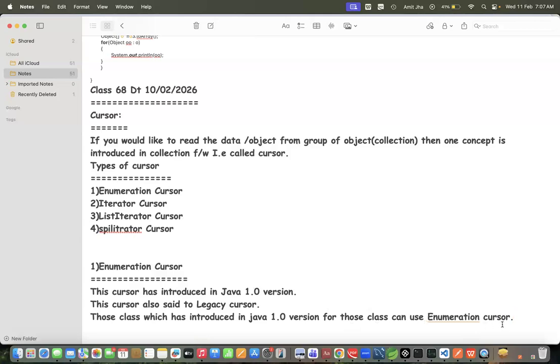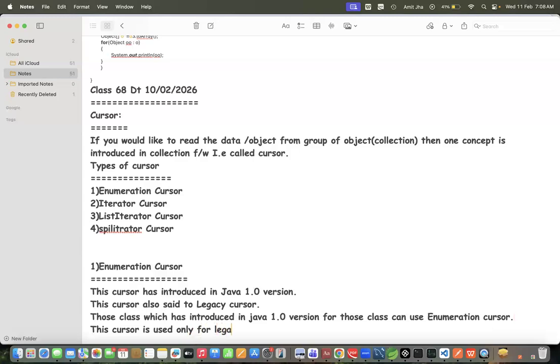Apart from that, no other class is eligible for using enumeration. Then your question, Amit: which classes were introduced in 1.0? Any idea, anyone? So you can say this cursor is used only for legacy classes.